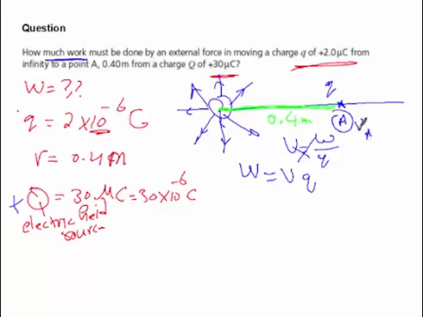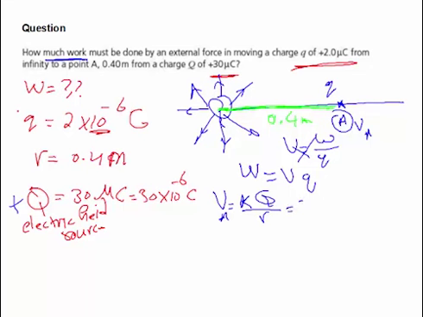We know to calculate the potential at a point due to a radial field, we are going to use V at A equals K Q over R, and this is the Q causing the field.